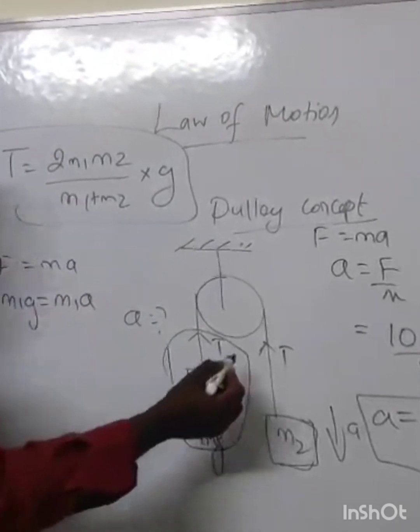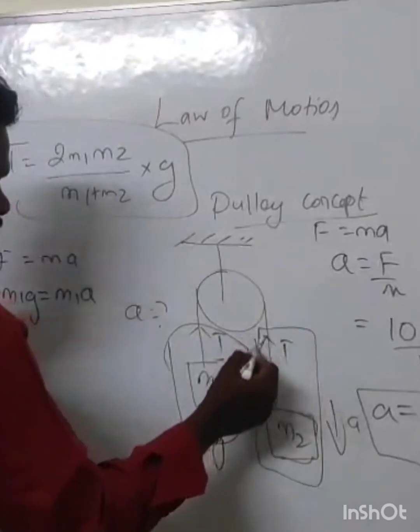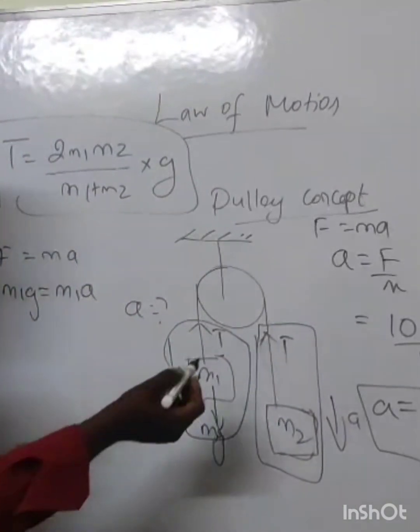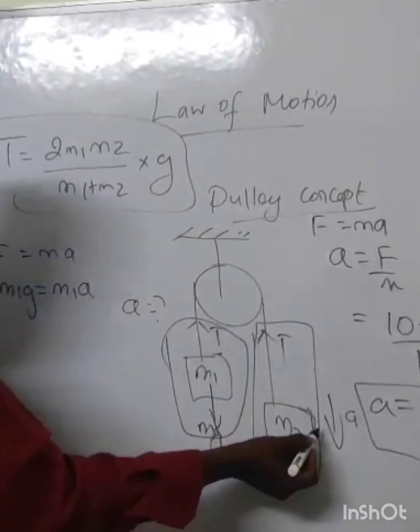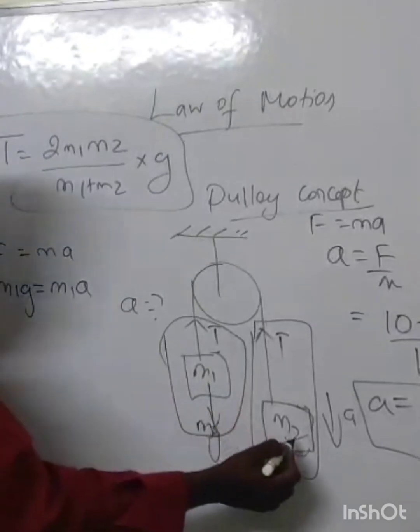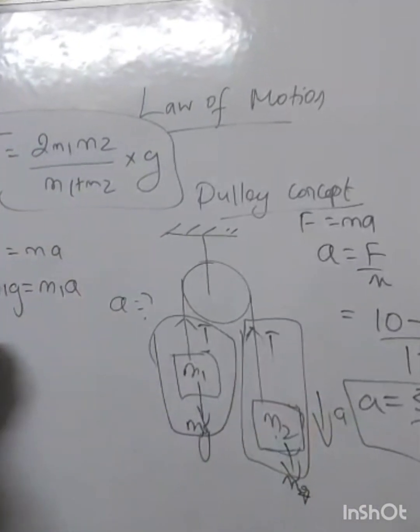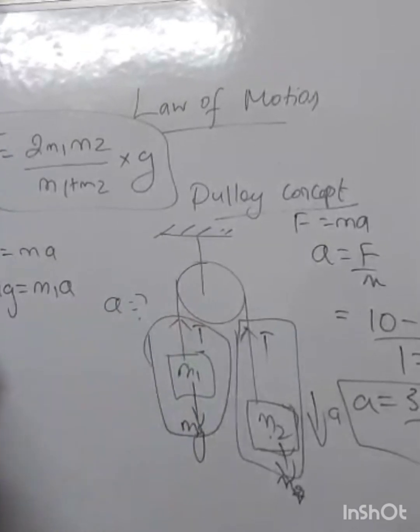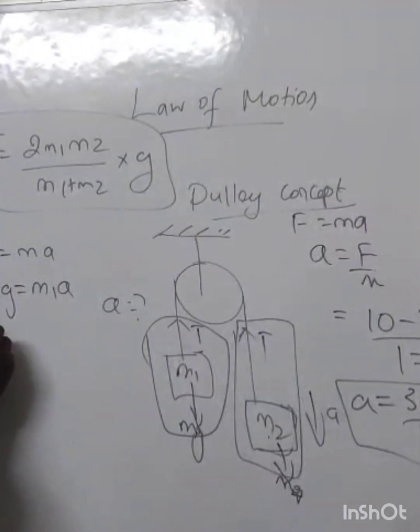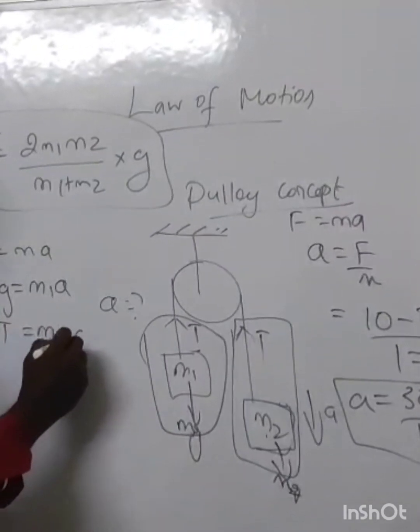Similarly, the free body diagram for the right hand side: the acceleration is downward, so m2g is greater here and the tension will be lesser. So m2g minus tension is equal to m2a.